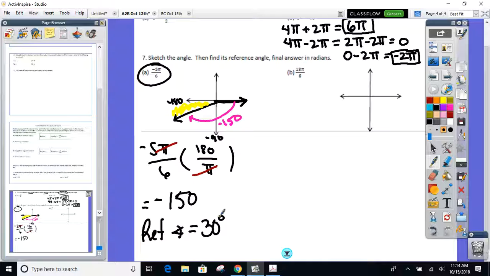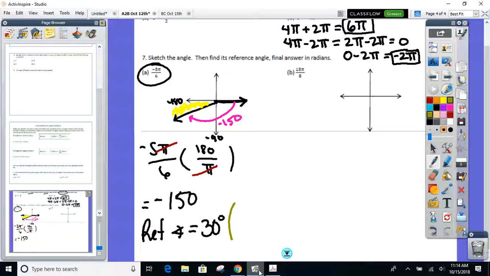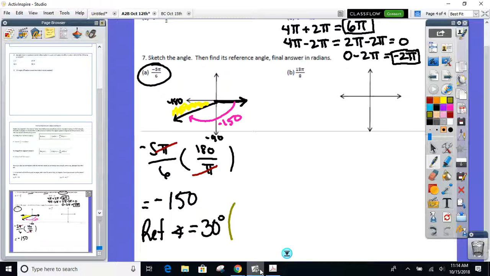So I'm going to have to take 30, go back to your formula sheet, and multiply it by, what do I have to multiply it by to get it back into radians? According to your formula sheet? All right. Pi stays right where it is. It does not go into your calculator.